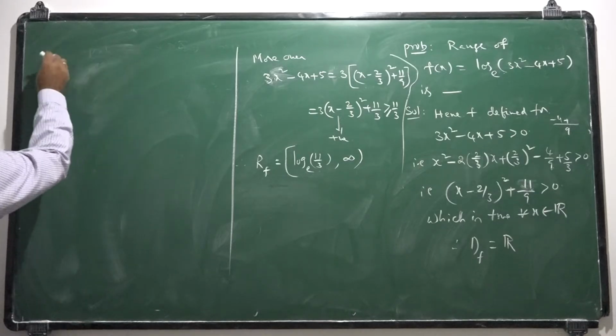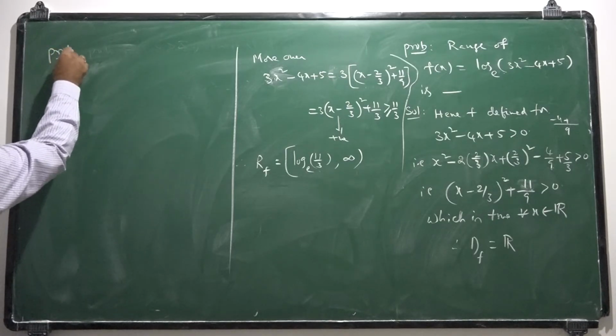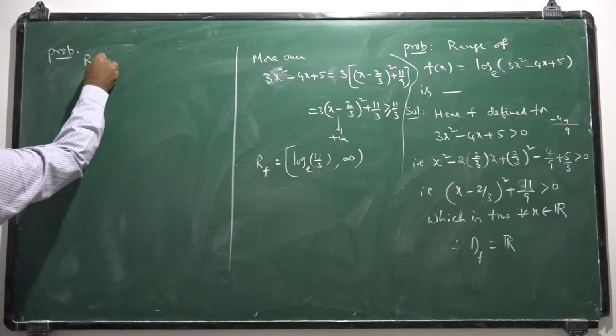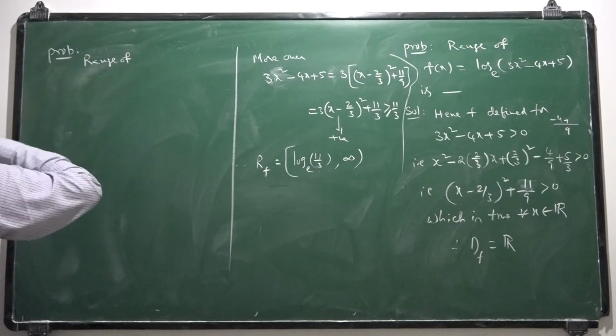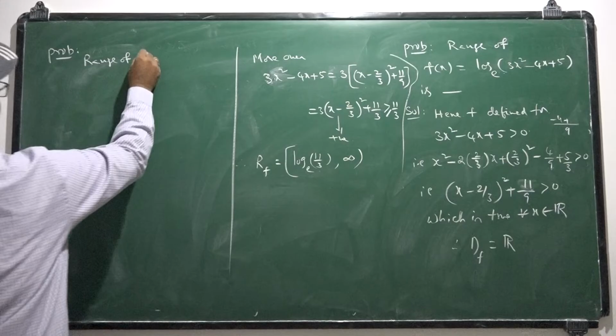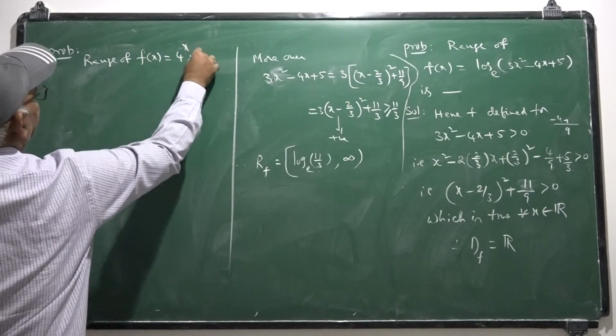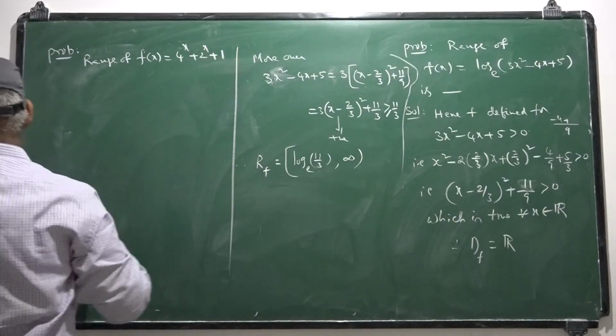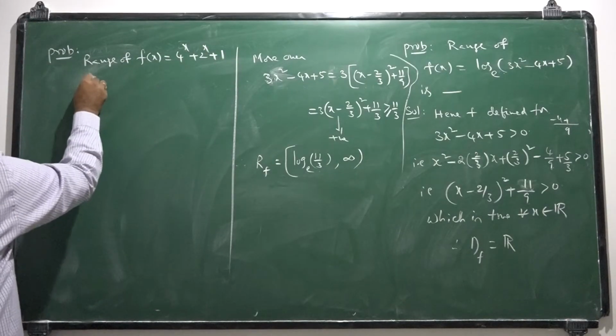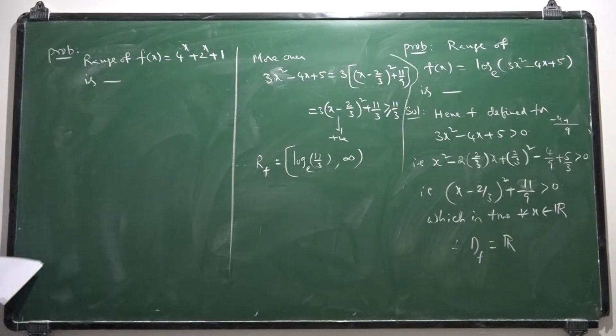Next problem. Range of the function f(x) equal to 4 power x plus 2 power x plus 1.